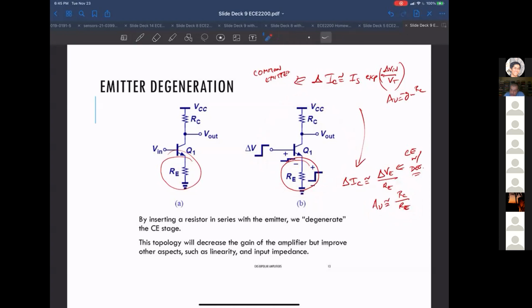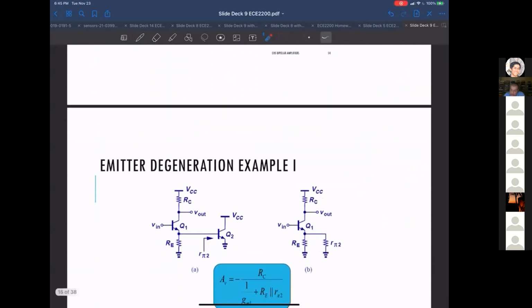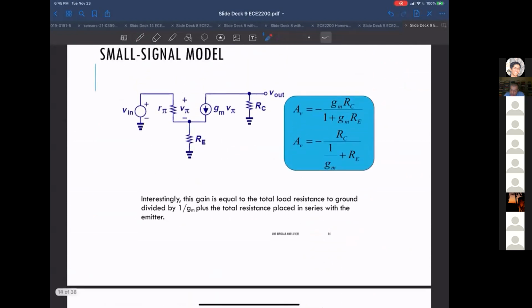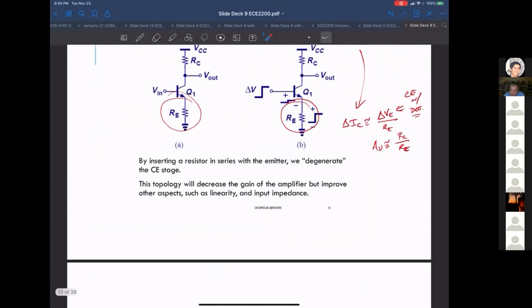The problem is it won't be as high, because you're not going to have an exponential change in collector current. You're going to have closer to a linear change in collector current with change in V_in. All right, guys, that's just a heads up for our next class, where we'll derive how this works in a little more detail.